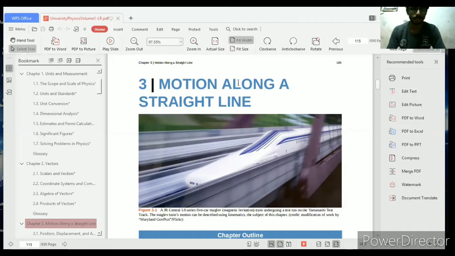So motion is continuous. It's almost everywhere. We are traveling at miles per hour, or maybe kilomiles per hour.